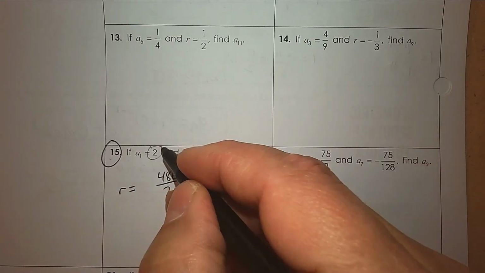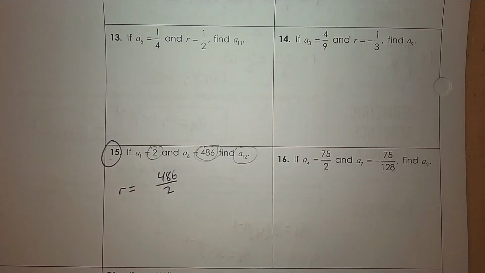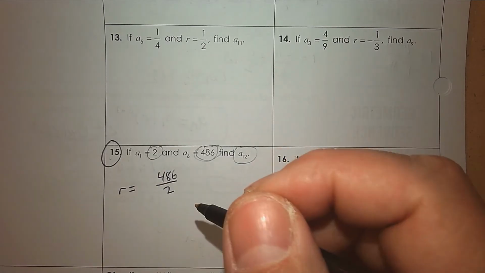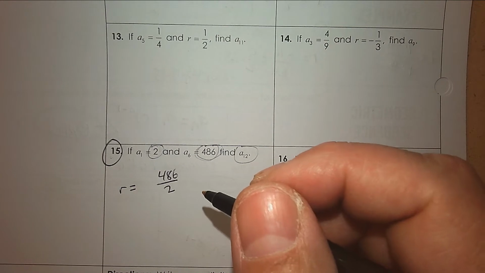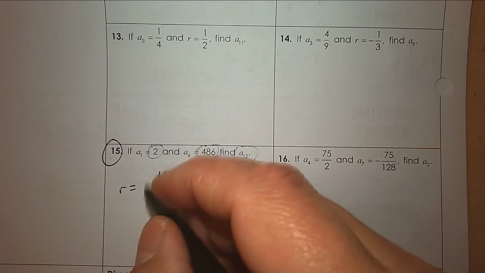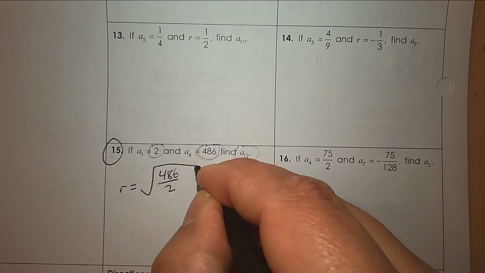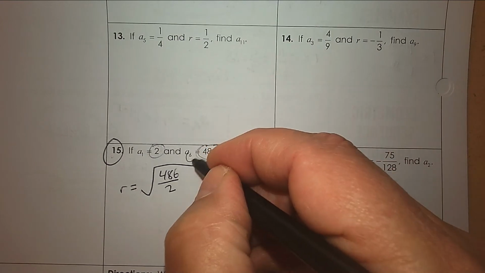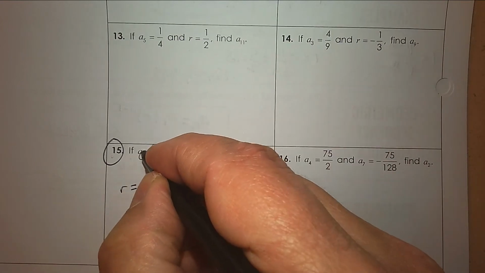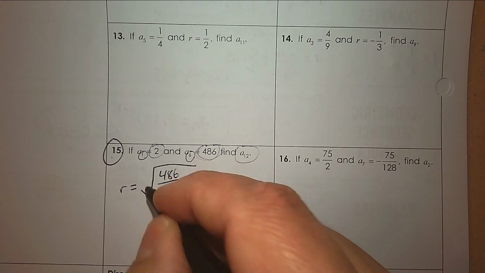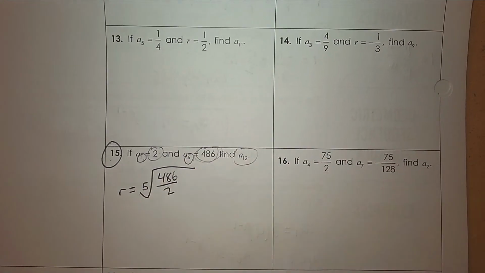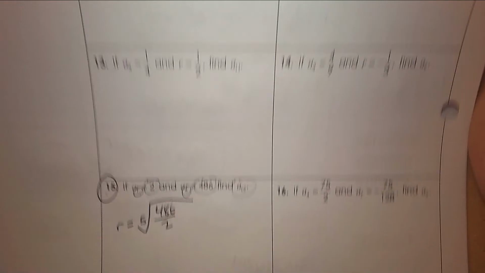486 divided by 2. Then we're going to do a radical to find the ratio. The index of the radical is found by subtracting the term numbers. So 6 take away 1 is 5. It should remind you of a slope formula, but we're using it like a radical.